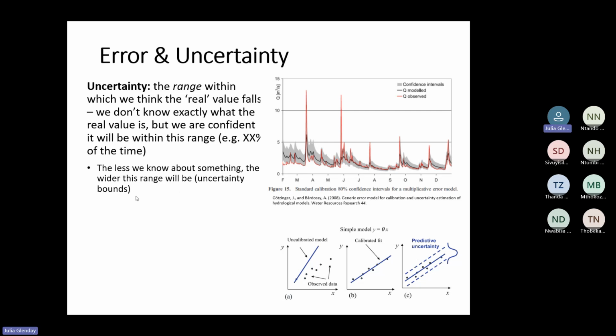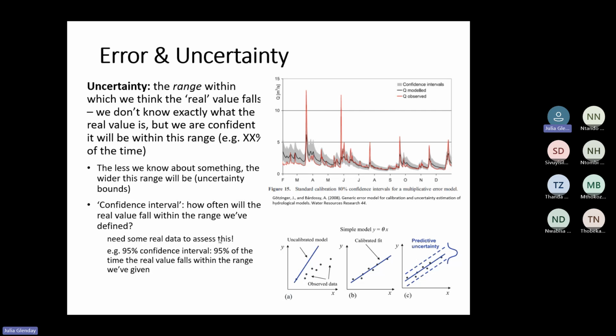So the less we know about a process, the wider our uncertainty bounds are going to be. And you can define a confidence interval if you have some observed data to do it with, like they've done in this figure here.